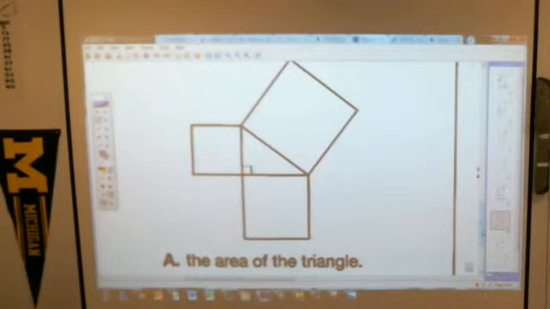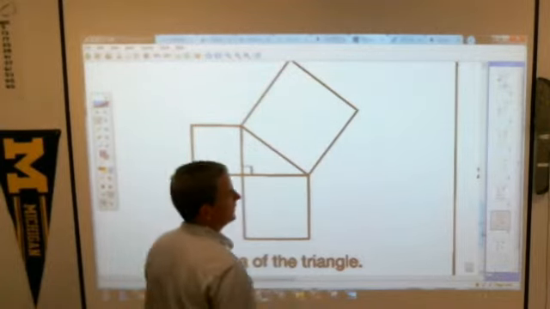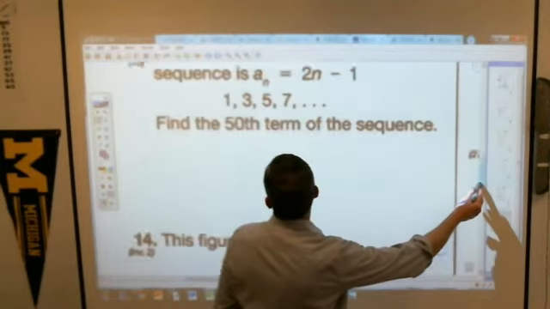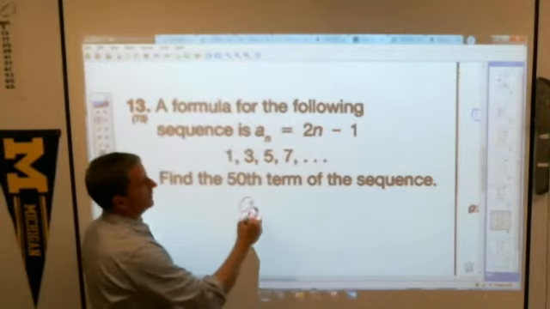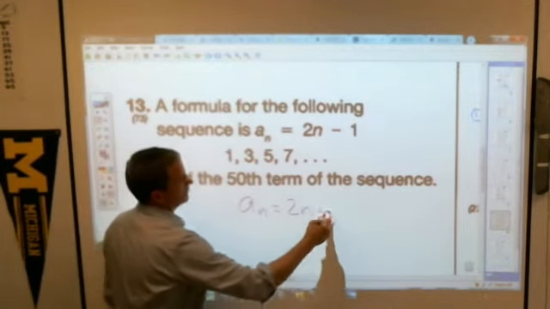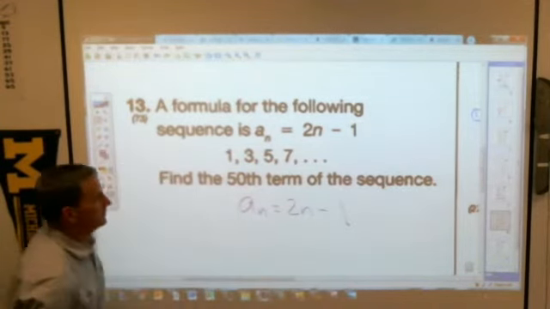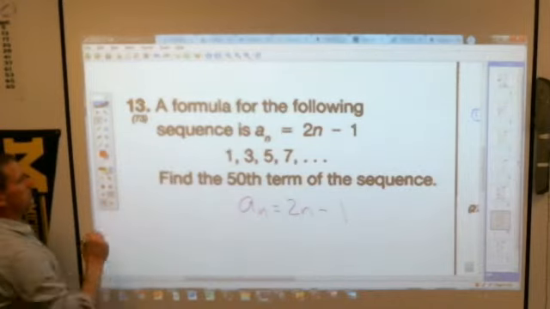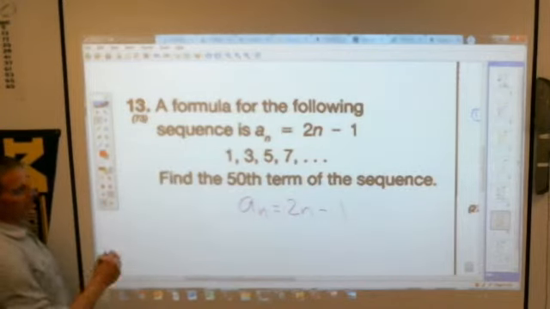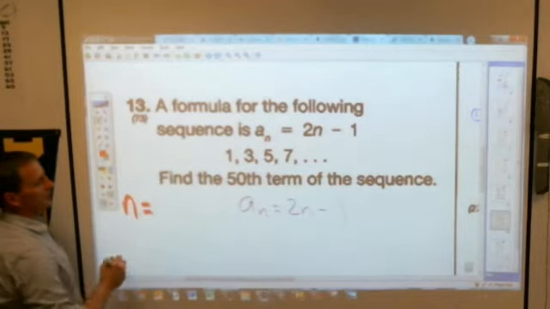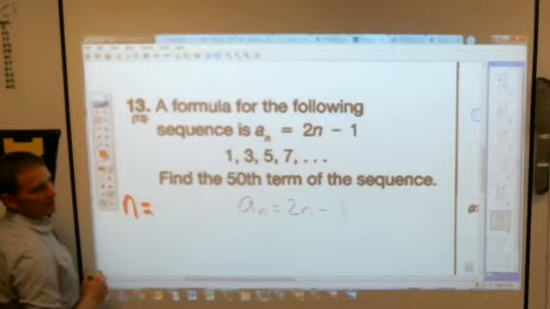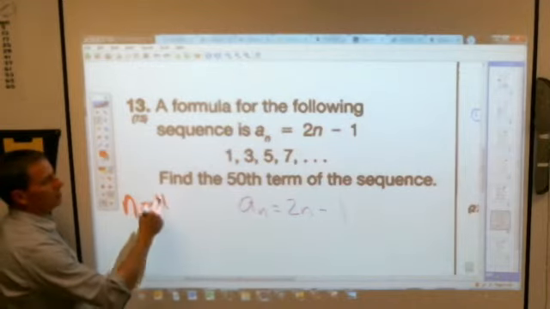Autumn. How do you do number 13? I know we did that one. The formula for the following sequence is A sub n equals 2n minus 1. Ladies and gentlemen, what do you need to know about this? The letter n is what? The letter n is the number of the term.